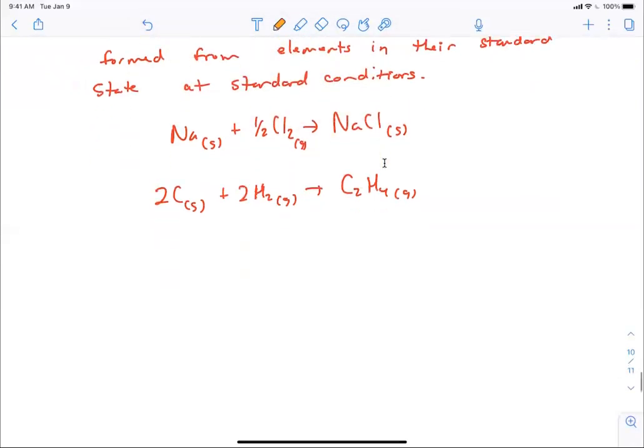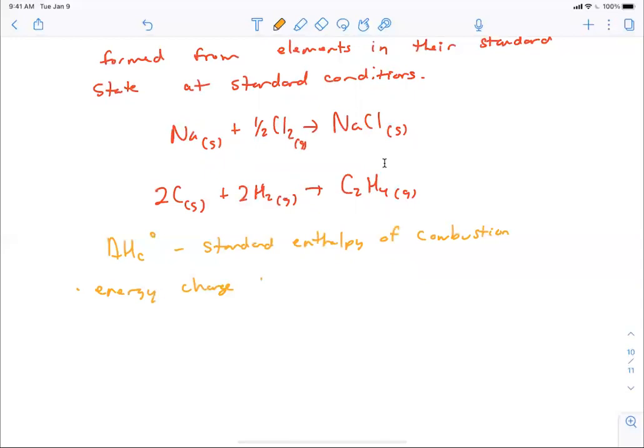Which is different than standard enthalpy of combustion, which is the energy change when 1 mole of substance combusts with oxygen.